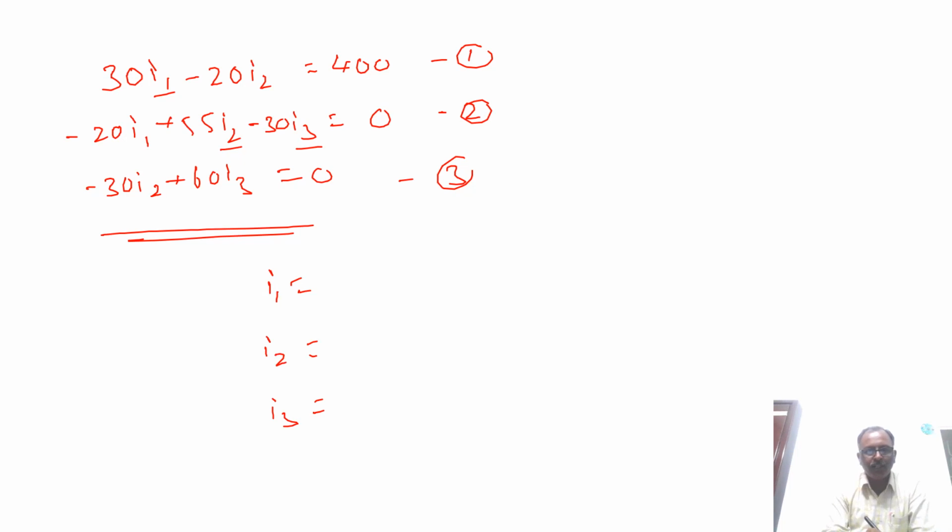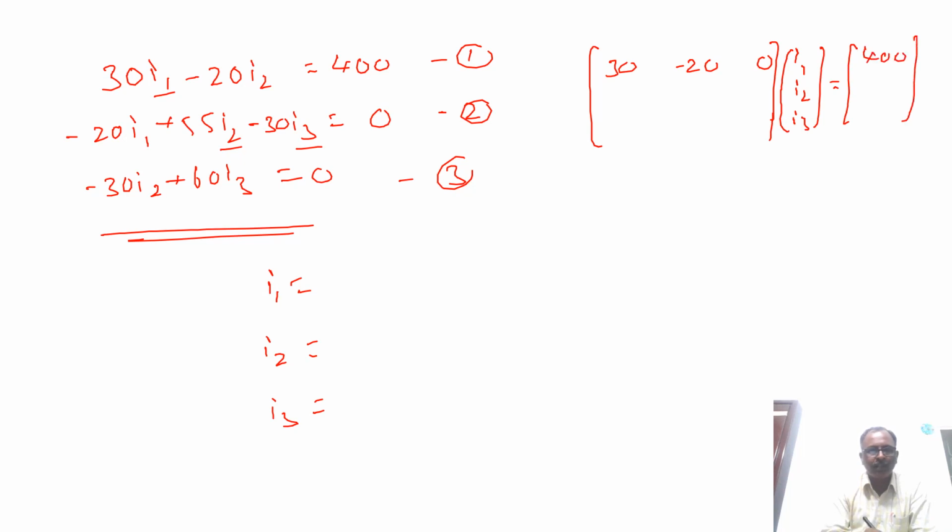For solving we can use the matrix form. 30, minus 20, the I3 term is 0, times I1, I2, I3, equal to 400. Next, second equation, the I1 coefficient is minus 20, the I2 coefficient is 55, the I3 coefficient is minus 30, equal to 0.